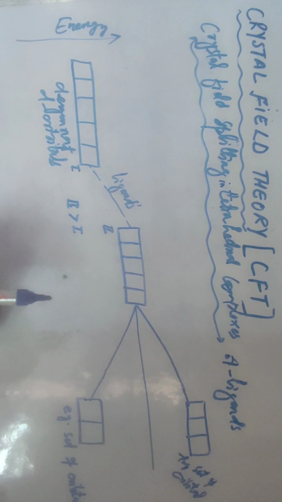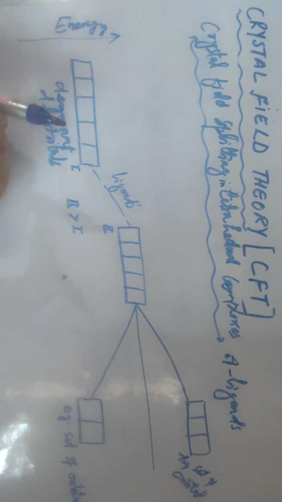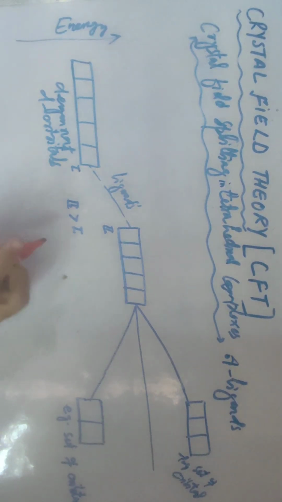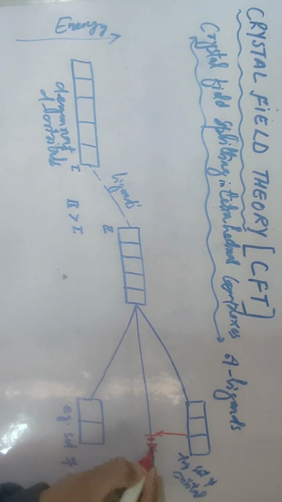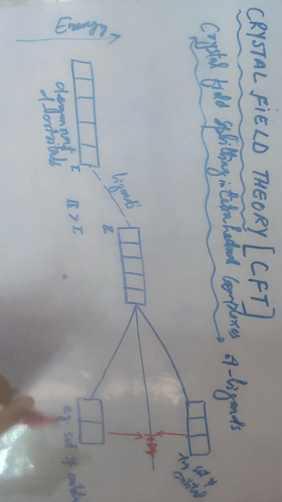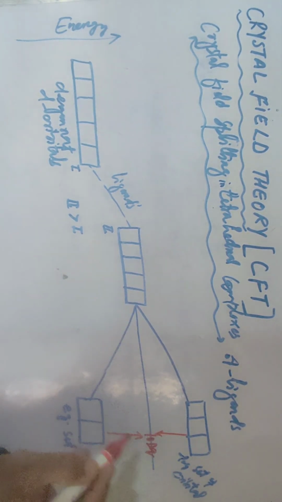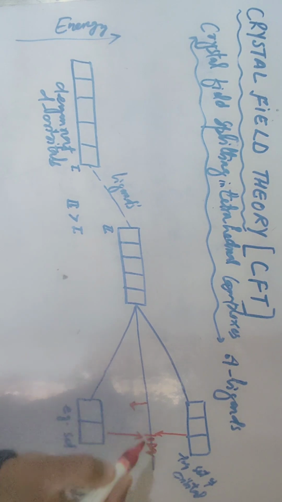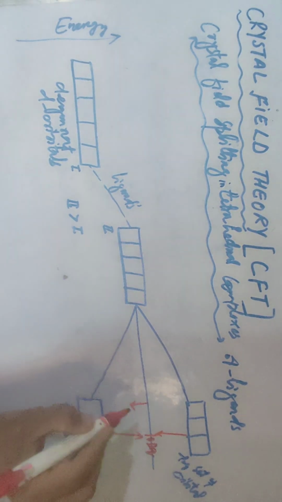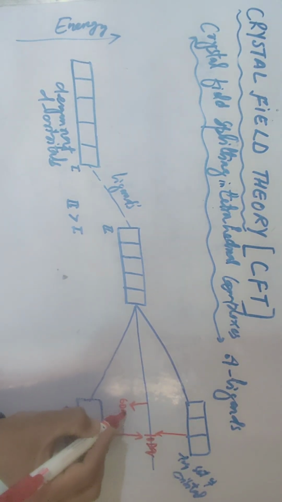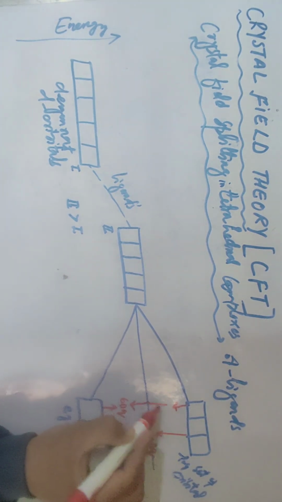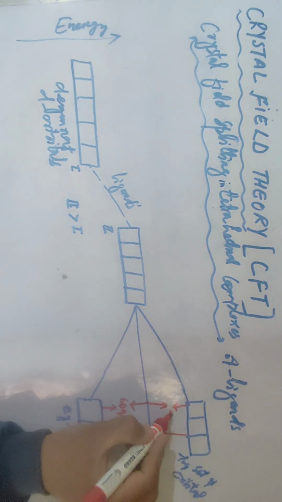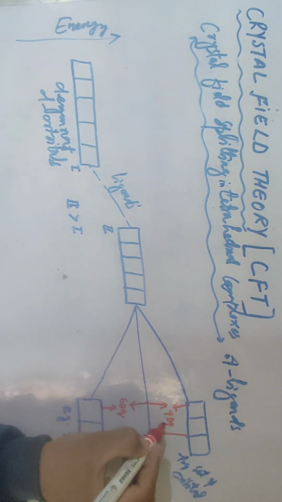Hypothetically the energy is equal to 10 Dq, but what we have actually seen is that these two orbitals, the eg set, go down in energy by 6 Dq, while the t2g set goes up in energy by 4 Dq.